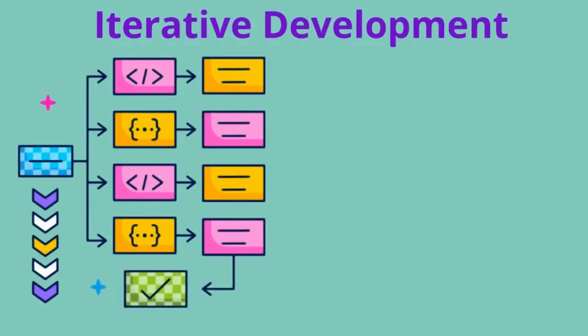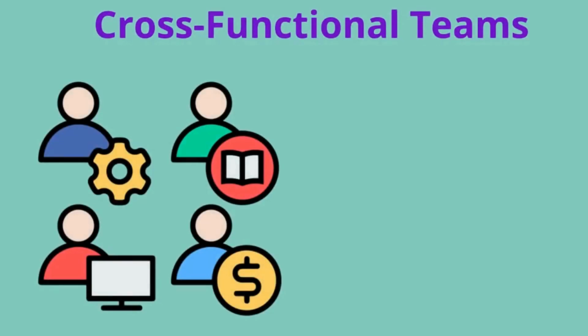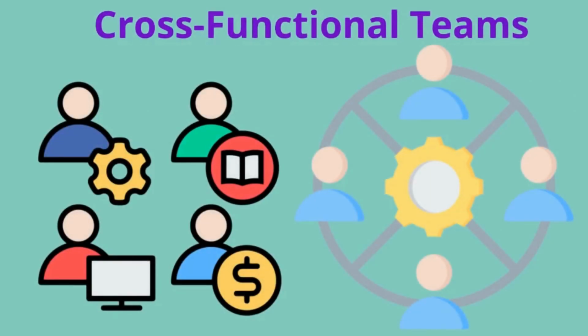Number 1, iterative development. Iterations and sprints are small, manageable increments of a project. Iterations typically last a few weeks and result in shippable product increments. Number 2, cross-functional teams. Developers, designers, testers, and product managers typically make up the Agile teams. Collaboration and efficient problem-solving are enabled by this setup. Number 3, a user-centric approach.